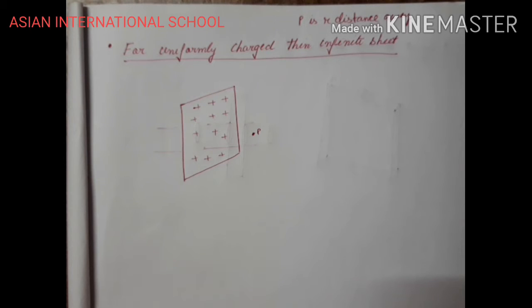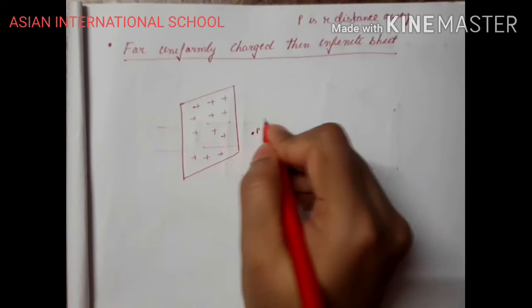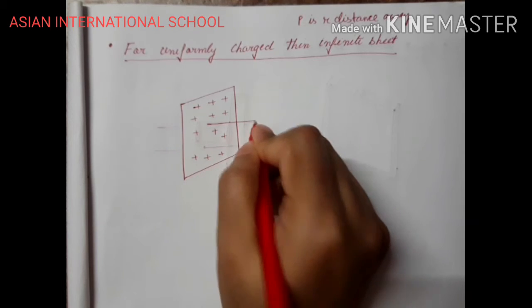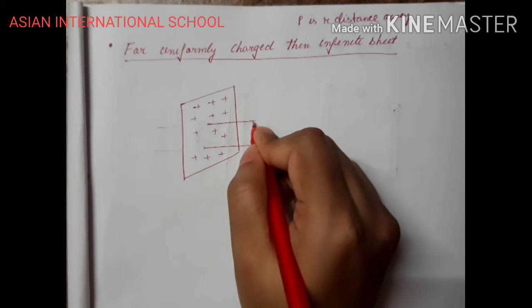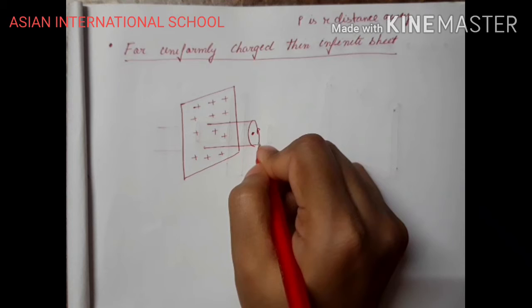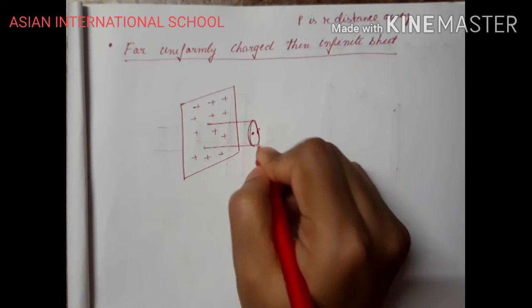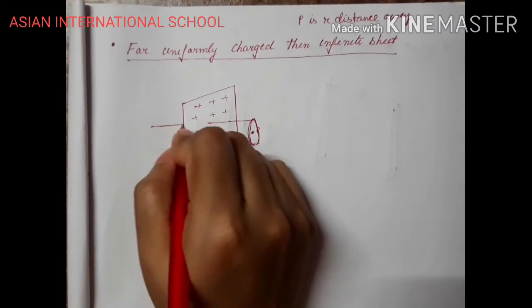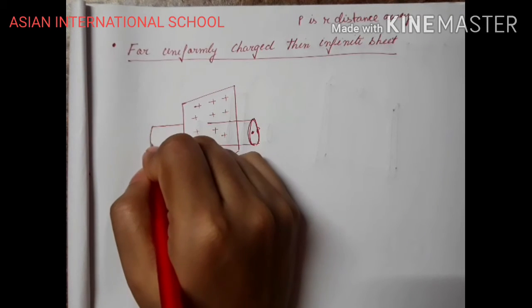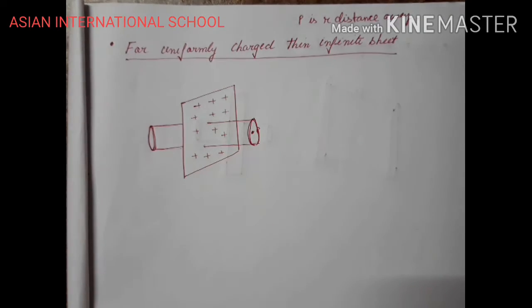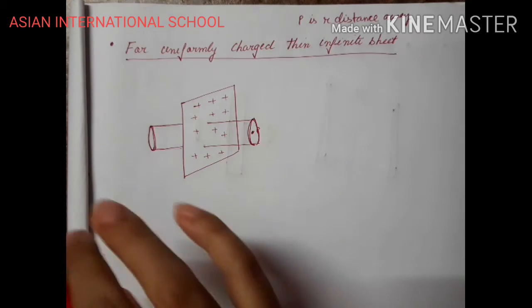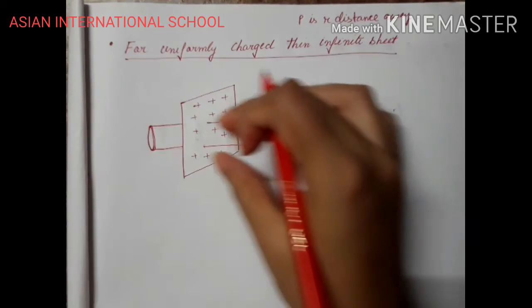See, if I take any other Gaussian surface, if you take a sphere or something else in this case, then it becomes difficult for you. So what are you doing? You have to take a cylinder and insert the cylinder in such a way that the point P is inside the Gaussian surface. You are inserting it in such a way that it is crossing the sheet.